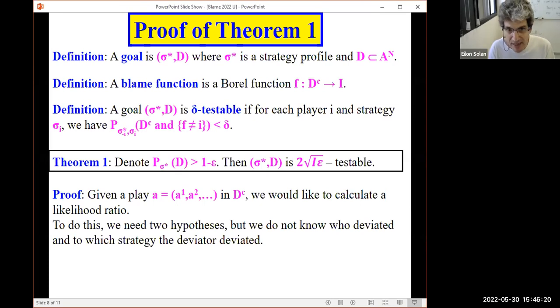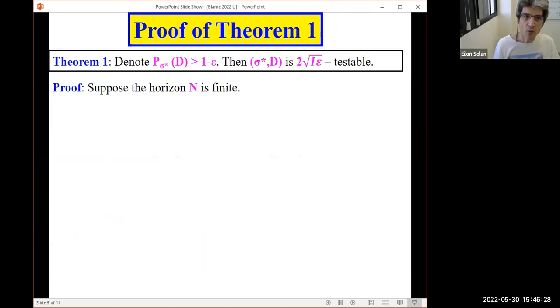So this idea is very nice, but impractical, or at least it is not clear how to use it. And so what we will do is as follows. For simplicity, I will assume that the horizon is finite. Okay, but this is only for simplicity. The transition from infinite problem to finite problem is not difficult.